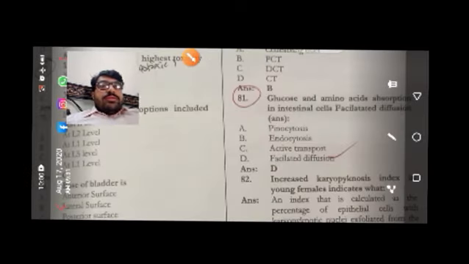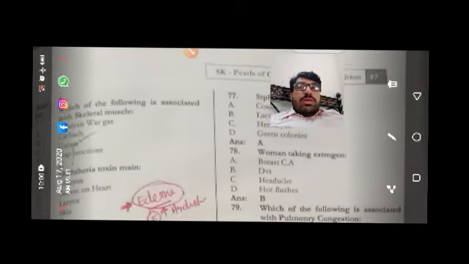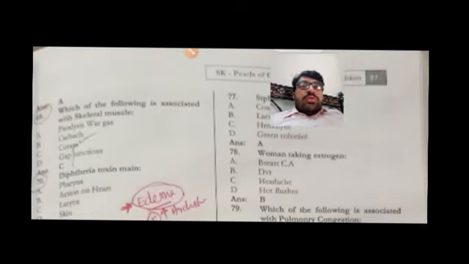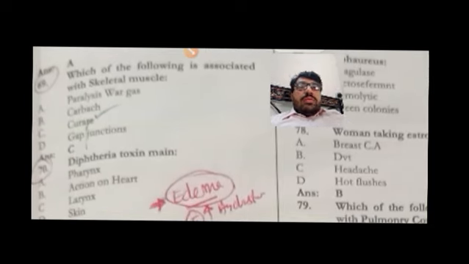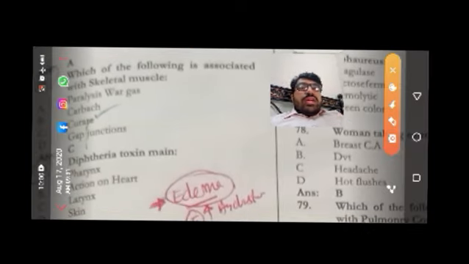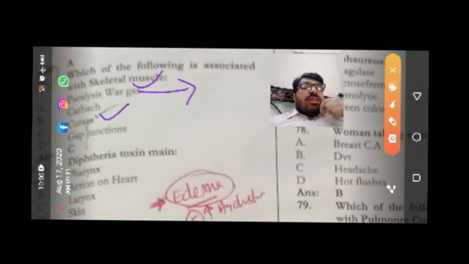So coming next, which of the following is associated with the skeletal muscle? Now the organophosphate is also related to the skeletal muscle, and curare is also related to skeletal muscle, but in organophosphate poisoning you have other symptoms as well. This is not only the skeletal muscle.